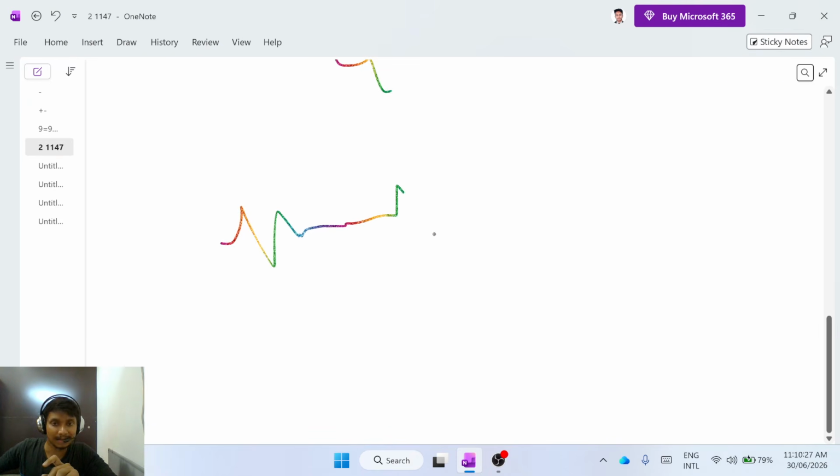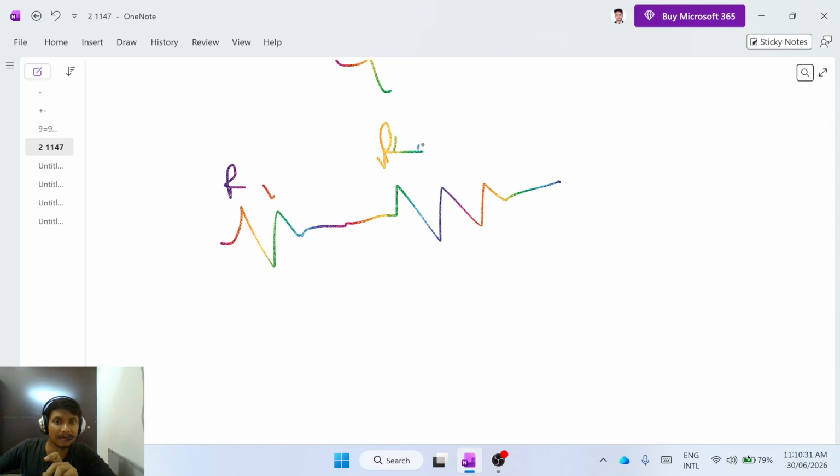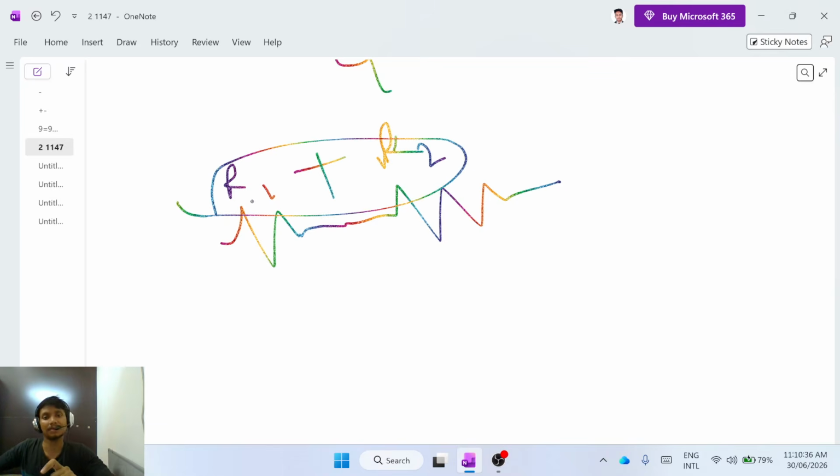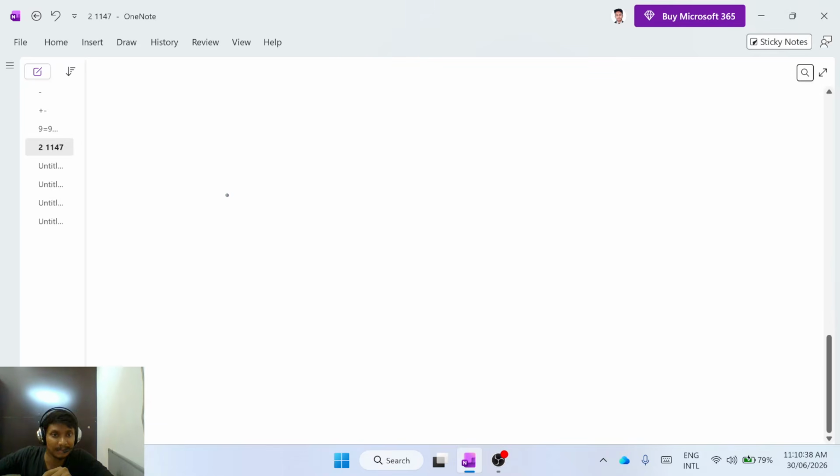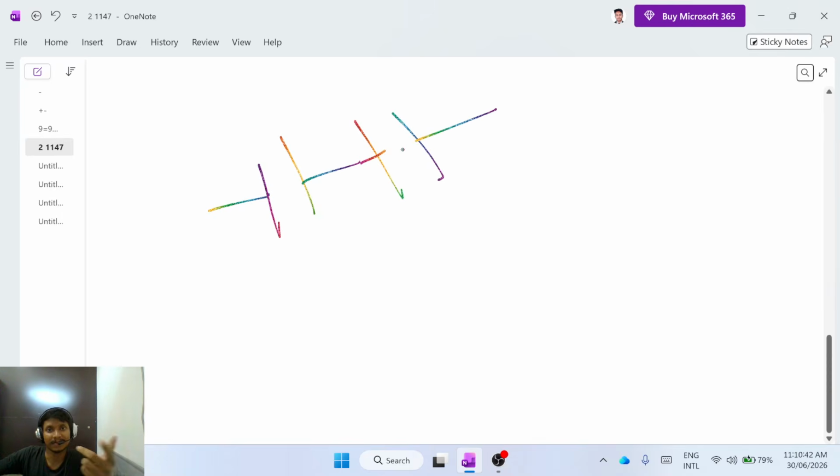For resistors in series, we sum R1 plus R2. But for capacitors in series, we already discussed that resistors and capacitors are opposite. Here we have to use a different equation.